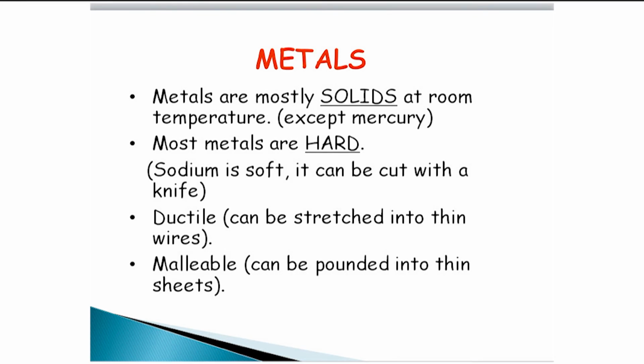Metals can be stretched into thin wires. The copper used in electric wires was originally like a rock, and then it was transformed into a wire. This property is called ductility. Metals are malleable. They can be flattened into thin sheets, like the aluminum foil which you use in your kitchen.